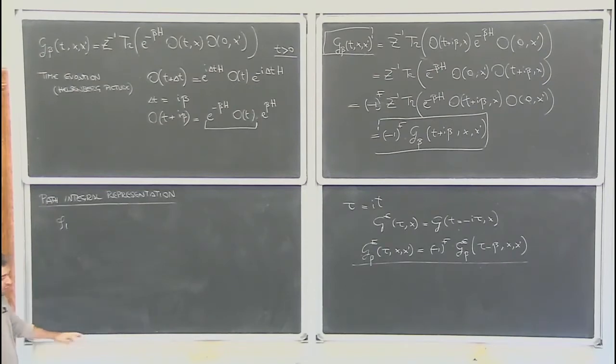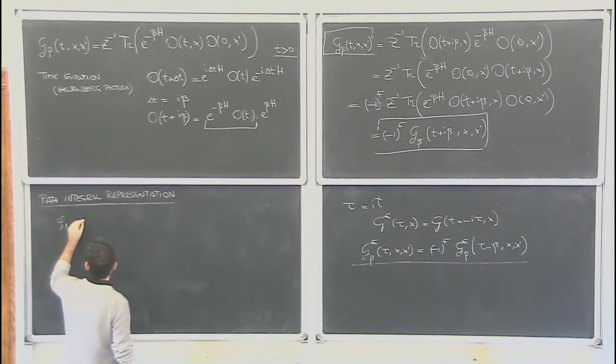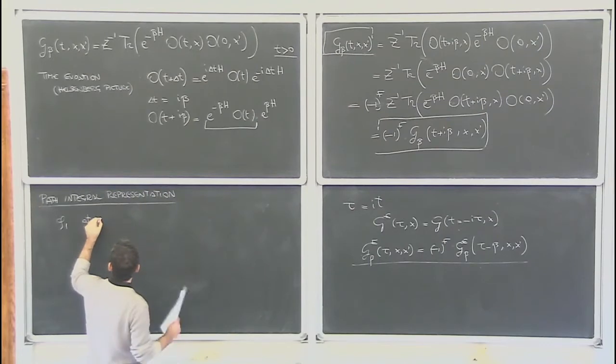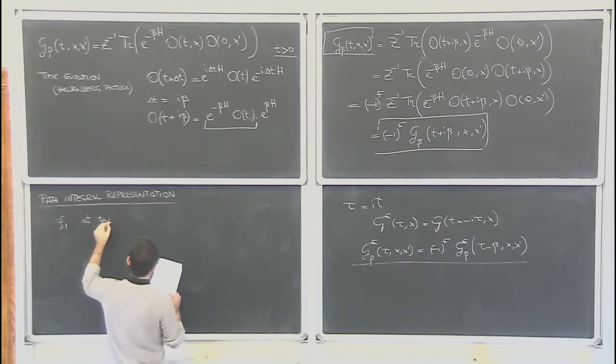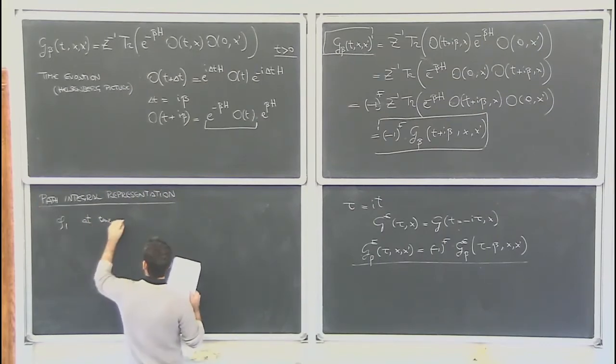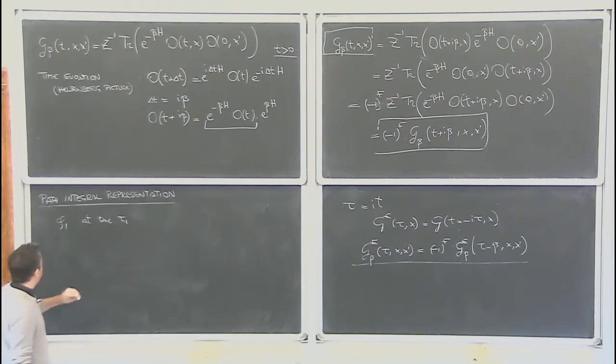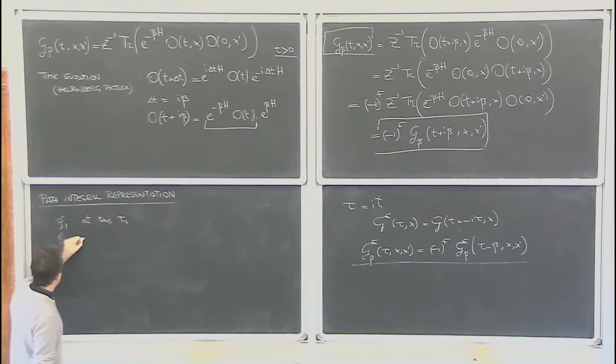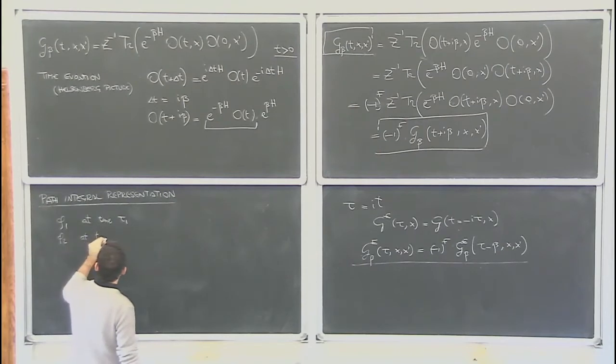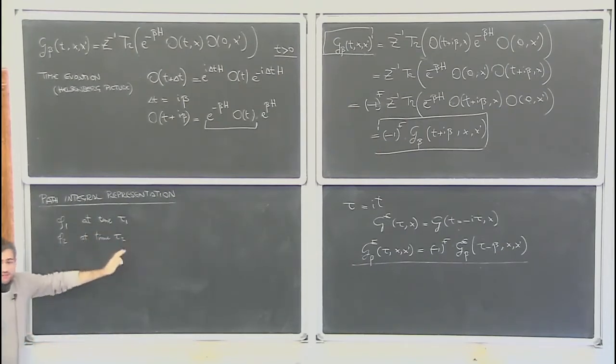I choose the profile of my field phi at time tau 1. I already go Euclidean because we know we have to do that. So this is the Euclidean time. And then we have a final configuration, phi 2, at time tau 2.